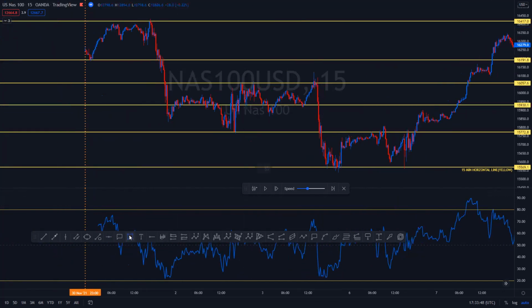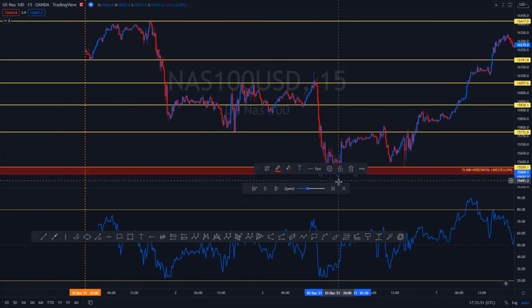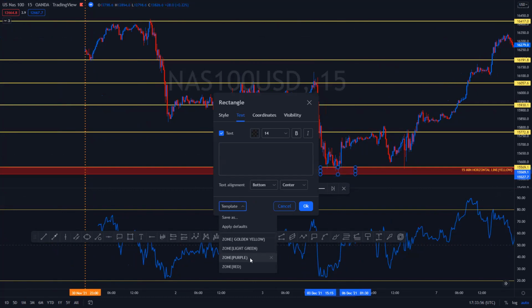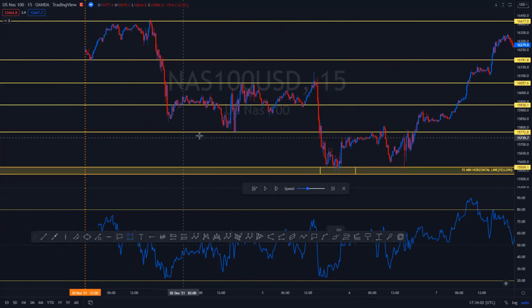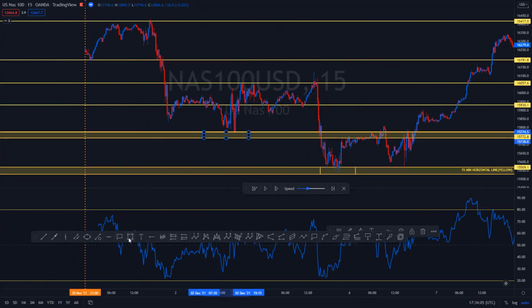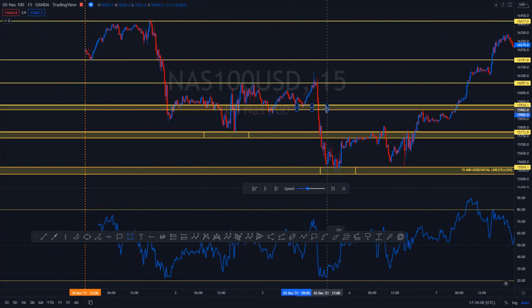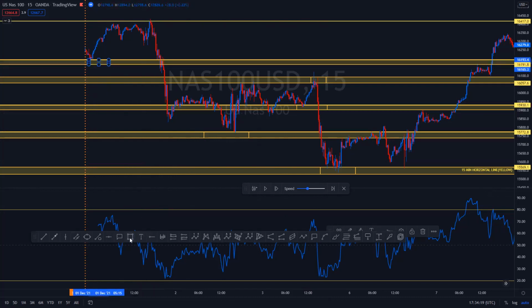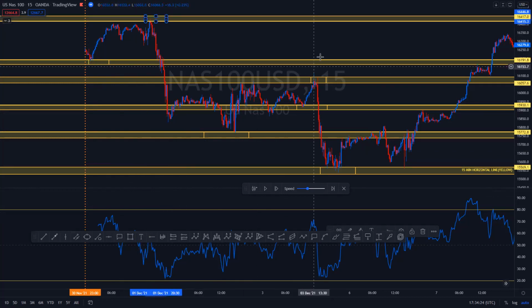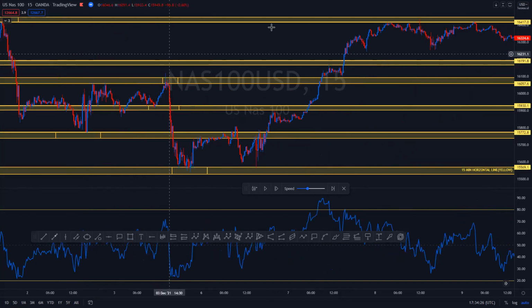And then after that, I basically drew my zones under these horizontal lines. So this is going to be yellow. Right. So that's what I basically did.